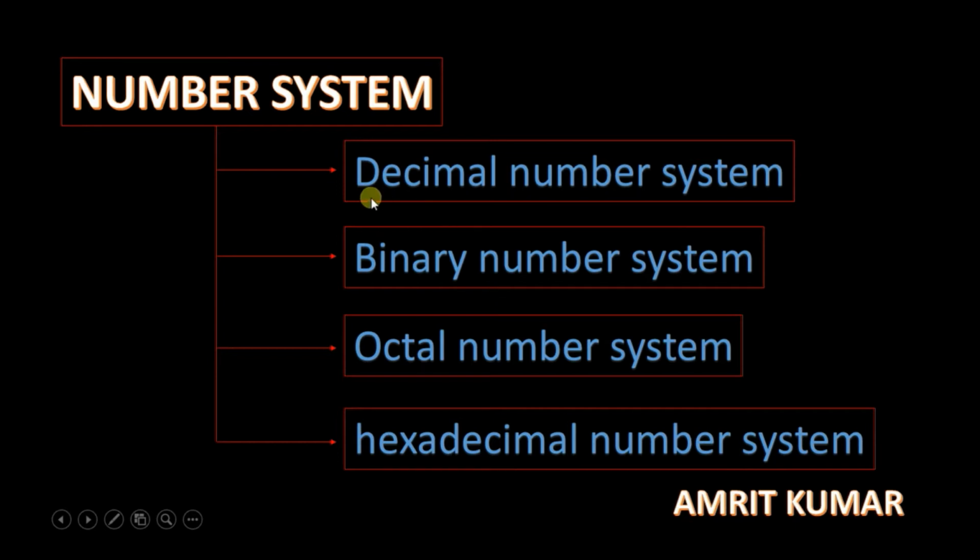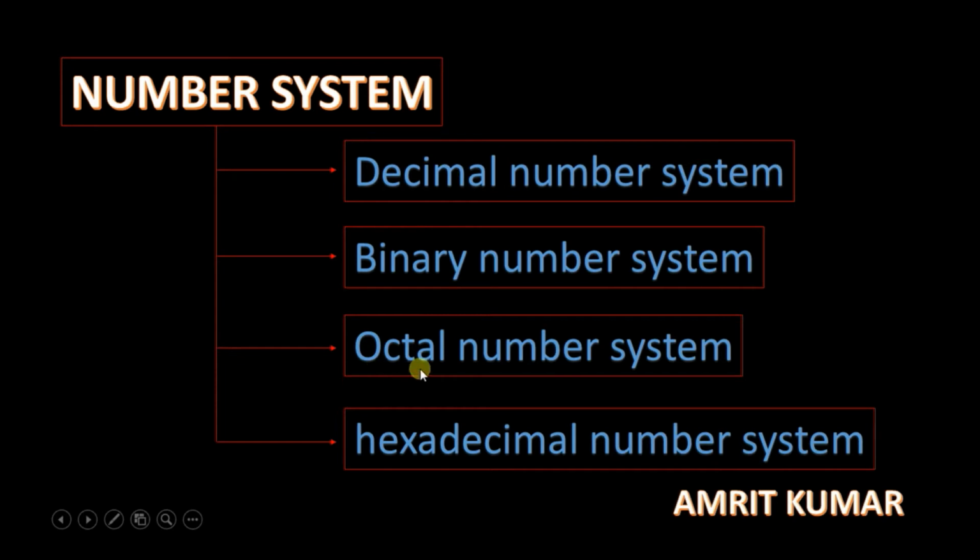Now we have been learning all these things, and we also know how to convert a decimal number into a binary number, and how to convert a binary number into a decimal number. We also know how to convert a decimal into an octal number, and how to convert an octal number into a decimal number.